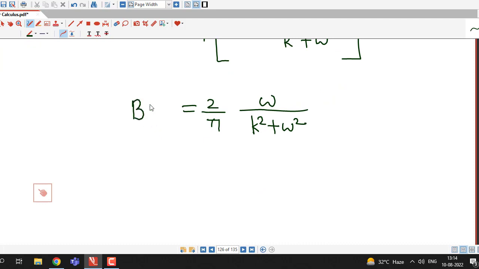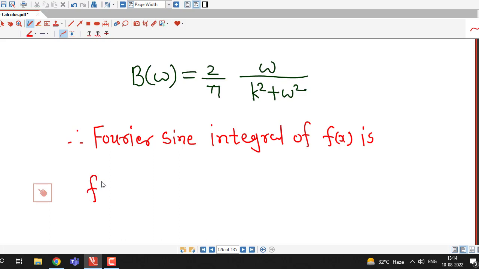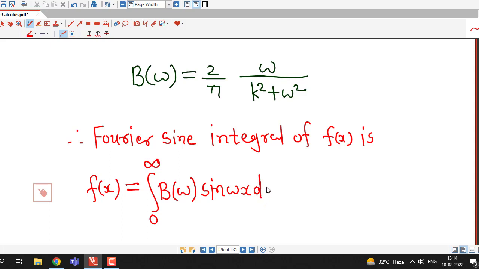This is the value of B(omega), and once we have B(omega), we can write the Fourier sine integral of f(x). Therefore f(x) equals the integral from 0 to infinity of B(omega) sine(omega x) d omega.